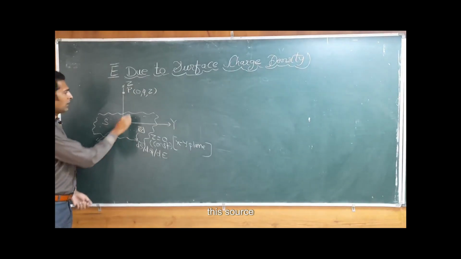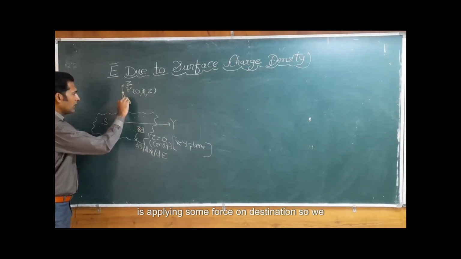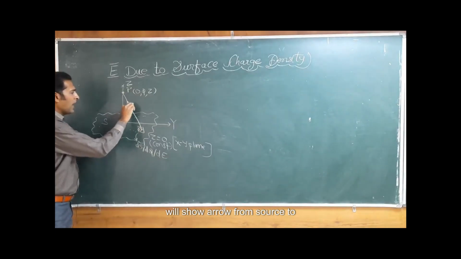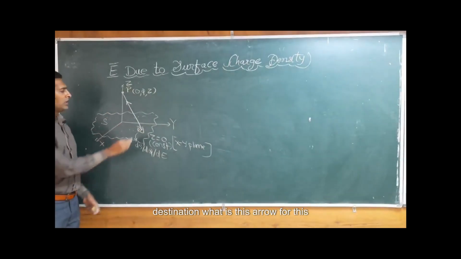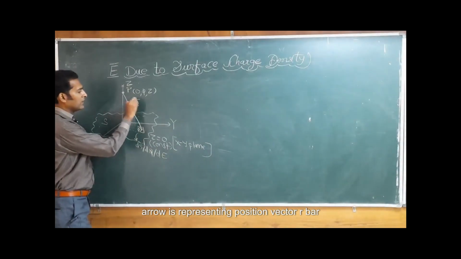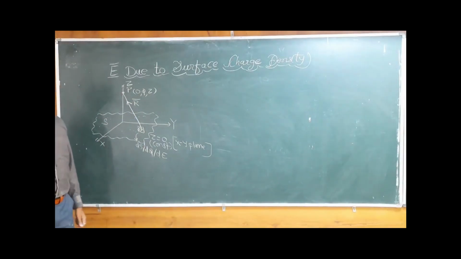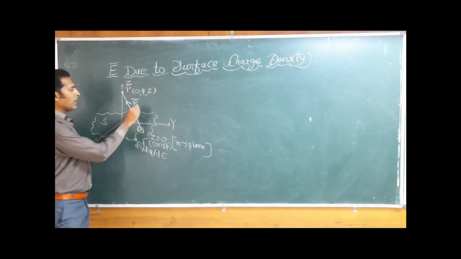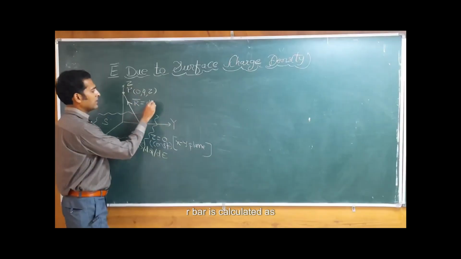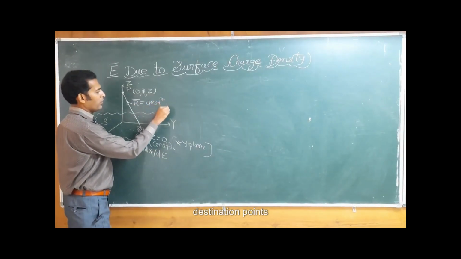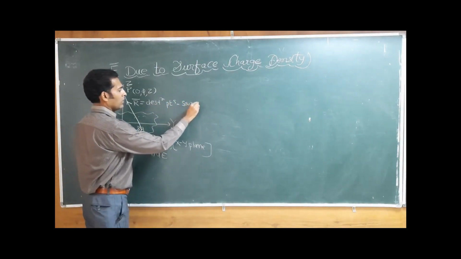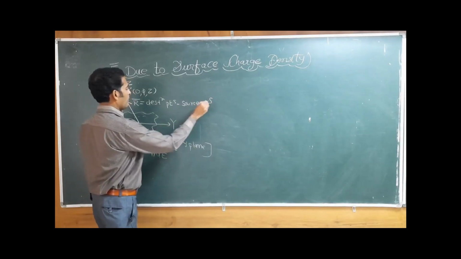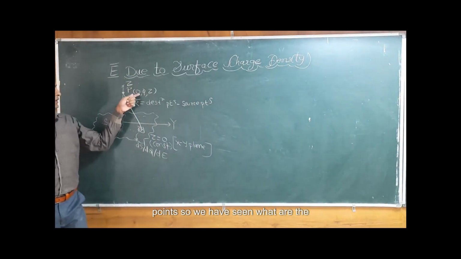Now this source is applying some force on the destination. So we will show an arrow from source to destination. What is this arrow for? This arrow is representing the position vector r bar. And how do we calculate r bar? R bar is calculated as destination points minus source points. We have seen what the destination points are.